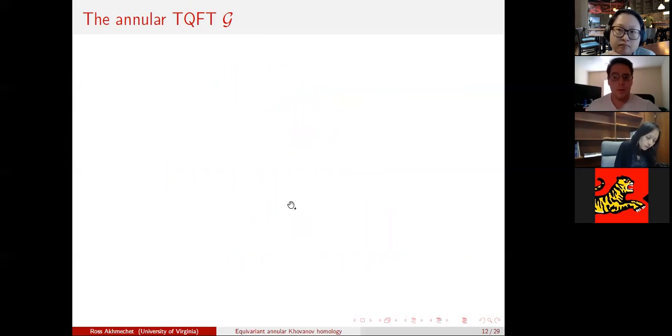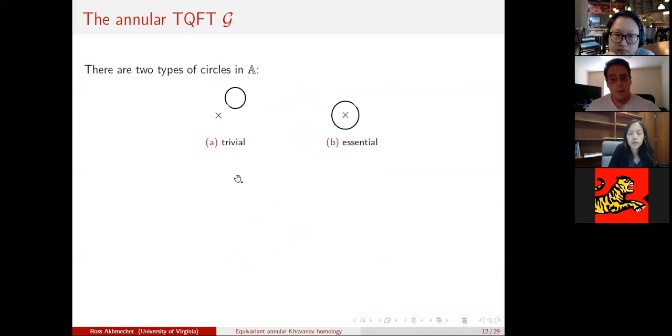Okay, so now I'm ready to talk about the actual annular TQFT. This is what you apply to your cube of resolutions that's drawn in the punctured plane. So first thing is that in the annulus, there are two kinds of circles. There's the trivial circle, which is contractible, or an essential circle, which is not contractible.